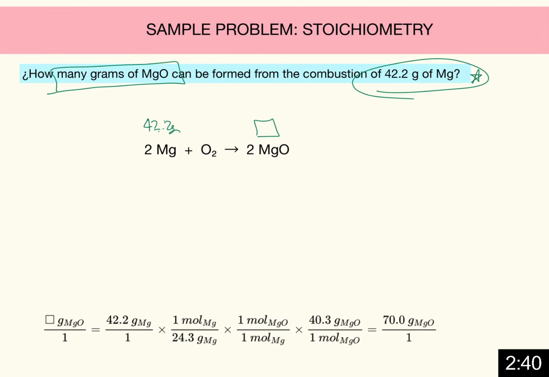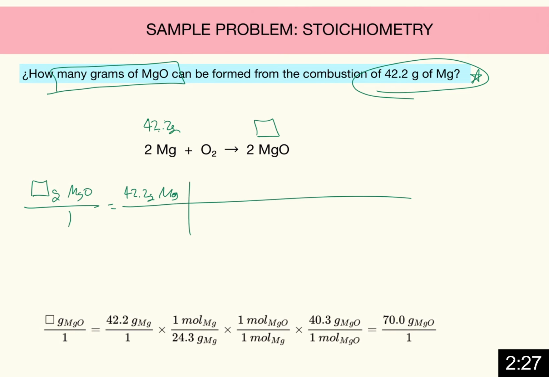Right. Okay, what am I looking for? How many grams of mag oxide do I get starting with 42.2 grams of magnesium? I can see I'm going to have to go from grams of magnesium to moles of magnesium.